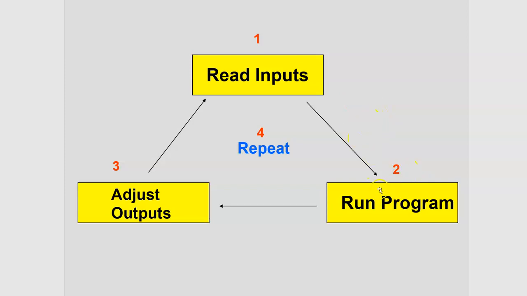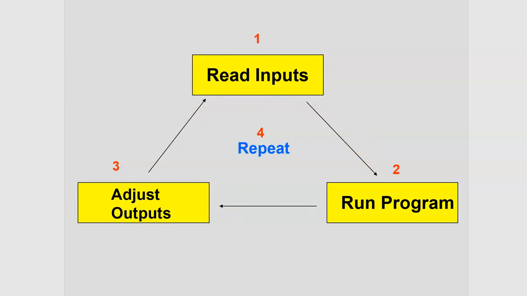We run the program based on the values in the input image table, and then we adjust the outputs. Well, in here, before I adjust the outputs, I have to, depending on the results of the program, update the output image table, so what's in here. And then we're going to adjust the outputs. But the point of this thing is it continues to go on this loop.